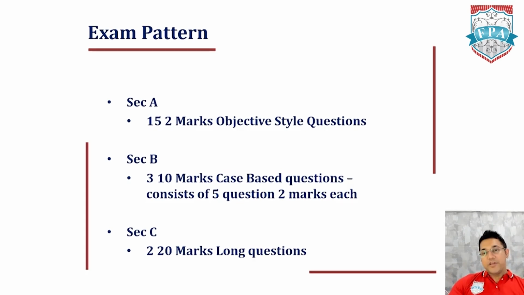So coming back, I always mention that start with the end in mind, that this is what I have to be eventually doing. So you need to understand what is going to come in your exam. The pattern is you've got a 100 marks paper. It's a 3-hour exam. There is section A, B, C. In section A, you have 15 questions, 2 marks each, right?